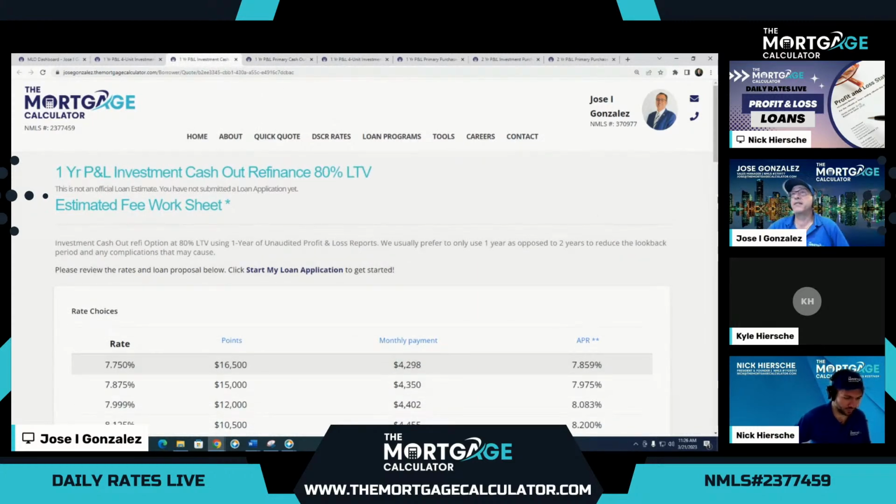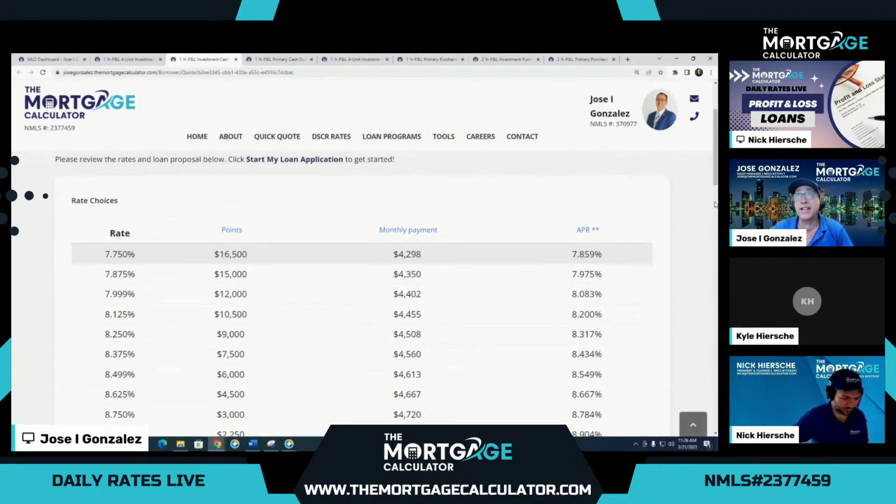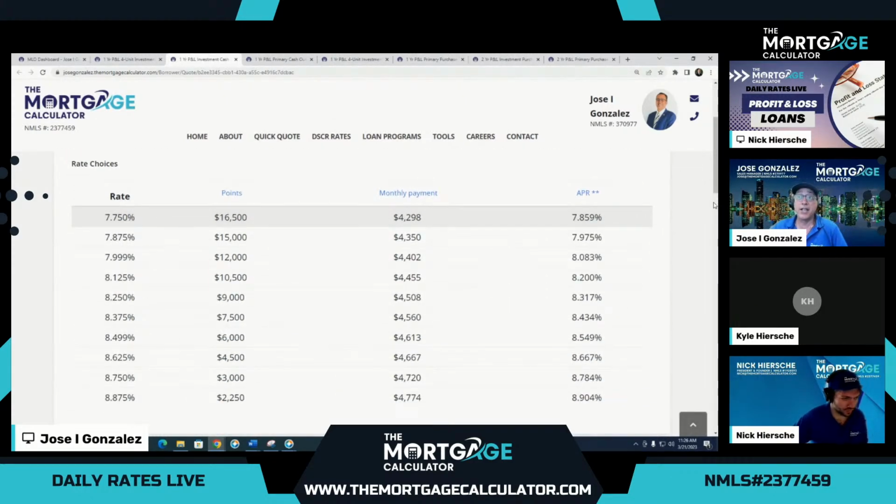And now we have our 1 unit, 1 year P&L, 80% LTV cash out refinance. Now look at how those rates improve when we are more in the, if you can call this, traditional realm of 80%, where there are more options available and obviously a little bit more competition amongst those options.